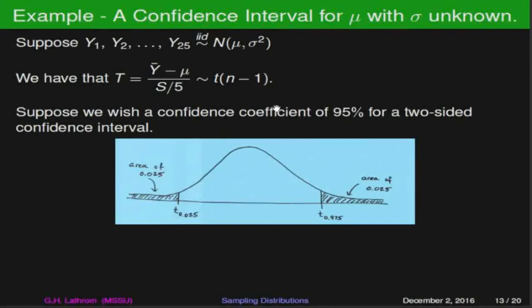Now, we wish to have a two-sided confidence interval, say of 95%, and so the t distribution is going to have a PDF that looks something like this, and so we're going to have half of the area that we're willing to be wrong in, so half of the area above our interval and half the area below our interval. Now, there's nothing really that says it has to be half and half.